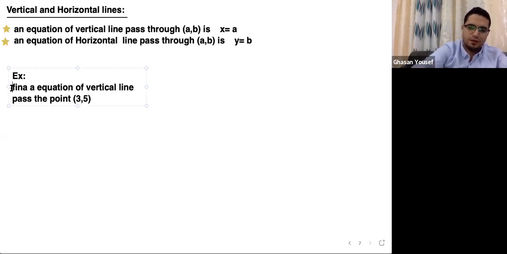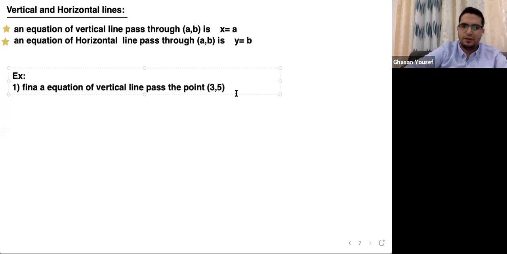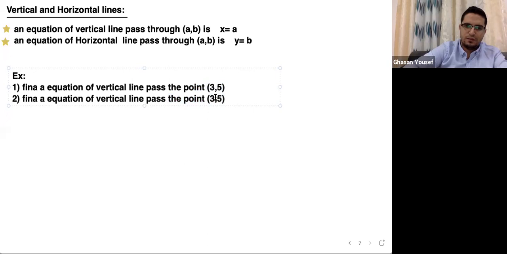This is the first part of this example. The second part is to find an equation of the horizontal line passing the point (4, 7).